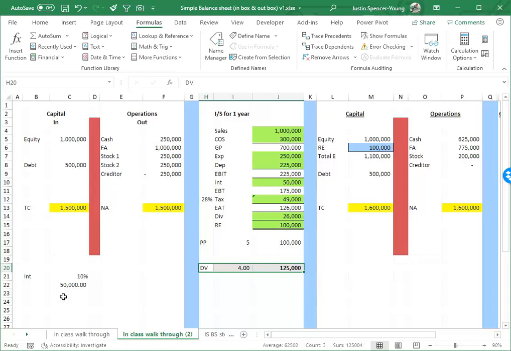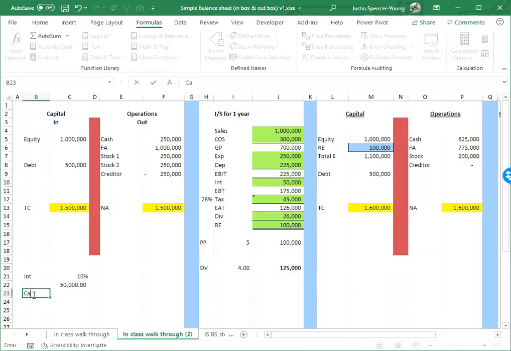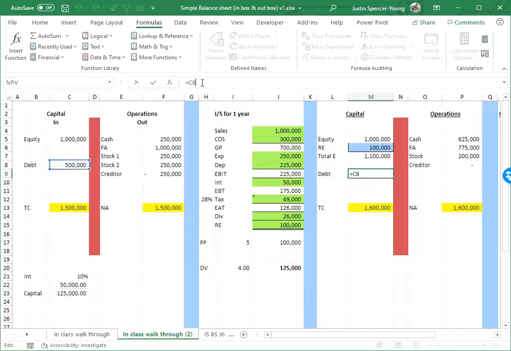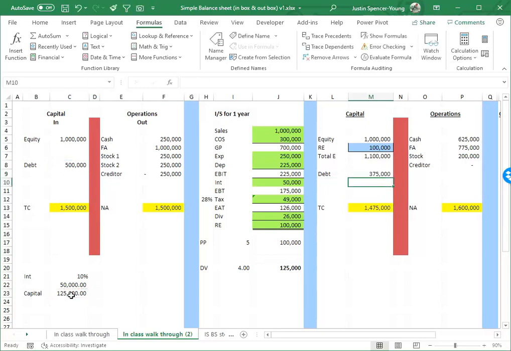So I'm going to come over here, I'm going to put it as a capital repayment, and I'm going to calculate it using the original loan, which I am going to divide by the 4 years that the vehicle works for us, and that gets us a number of 125,000 Rand per year. So therefore we can come to the debt amount here, and we can subtract from that the capital repayment in order to get the amount after we have repaid the capital.